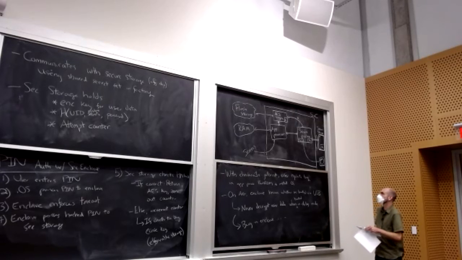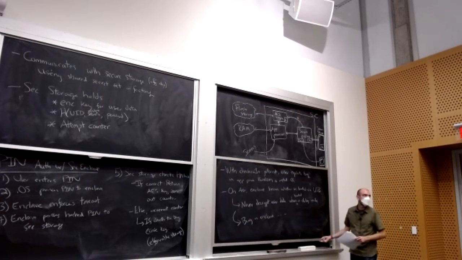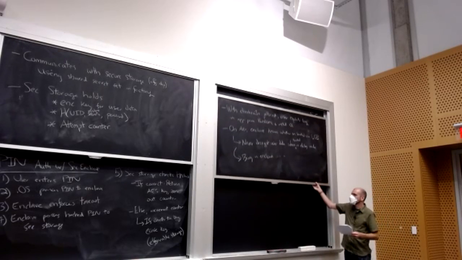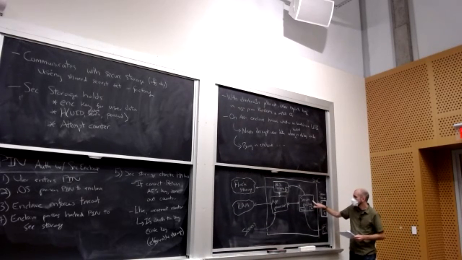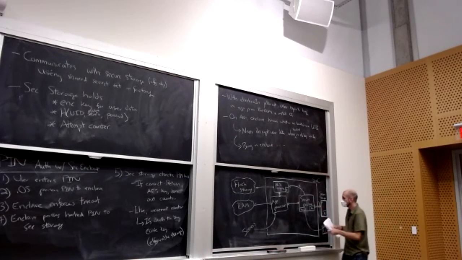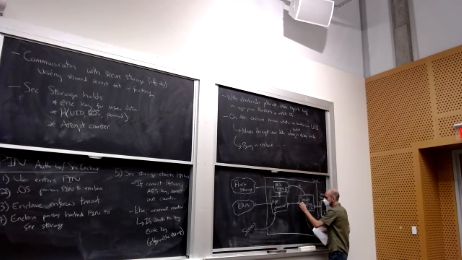You could ask how people found this bug in the enclave. It's interesting to see how these things are manufactured. Turns out the secure enclave also needs to talk to RAM. It has to store stuff, and it has its own encryption engine.